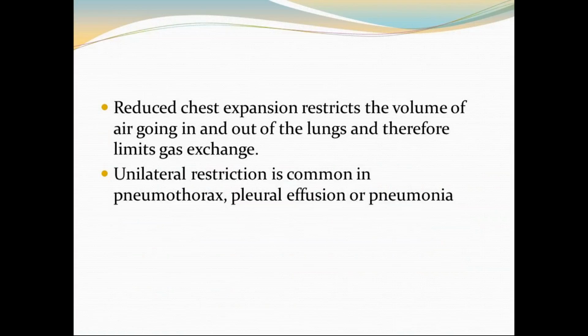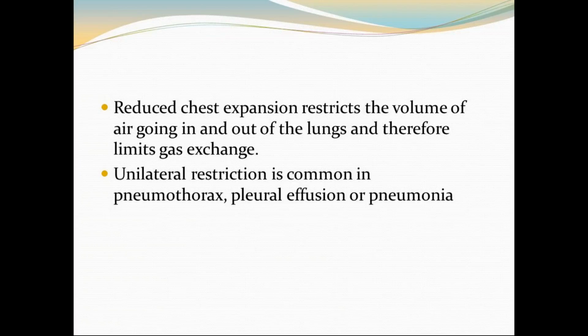Reduced chest expansion shows that volume isn't going in and out, which limits the potential for gaseous exchange. Unilateral means one side. If somebody has a pneumothorax, a collapsed lung, where air has gone in through a perforation and collapsed the lung, when you ask somebody to take a breath, you will see just one side of the chest rise.